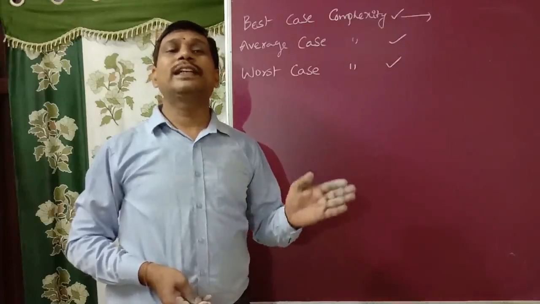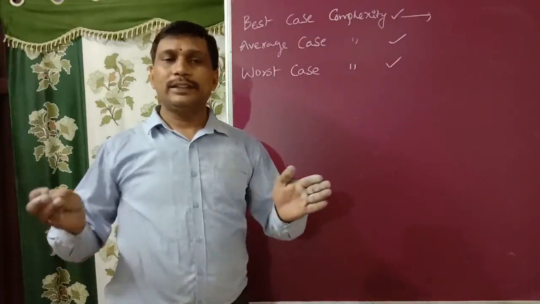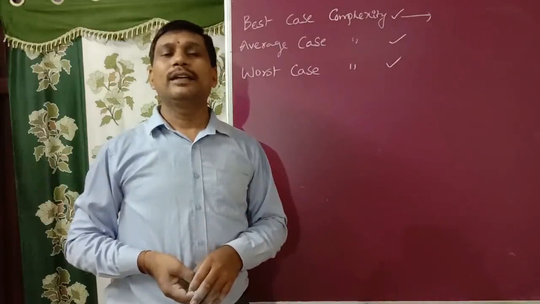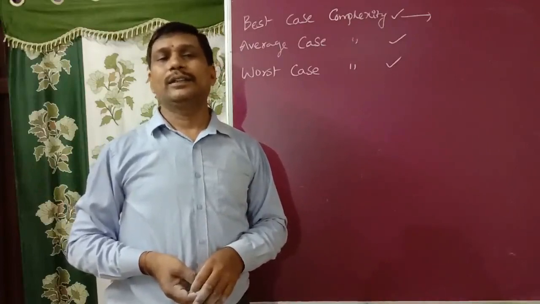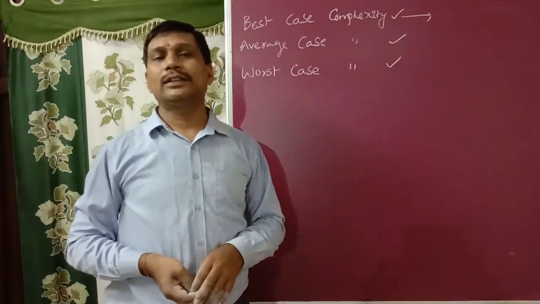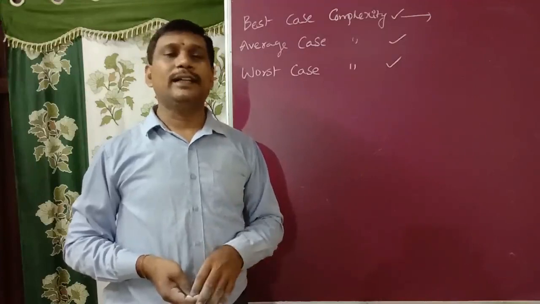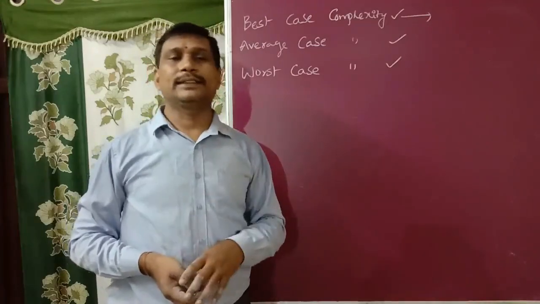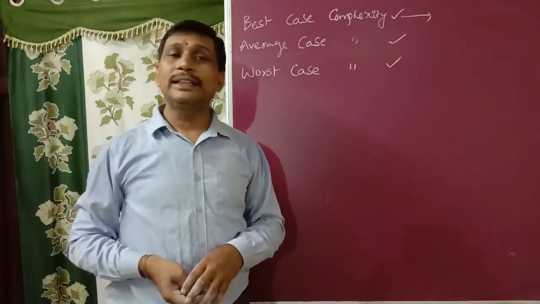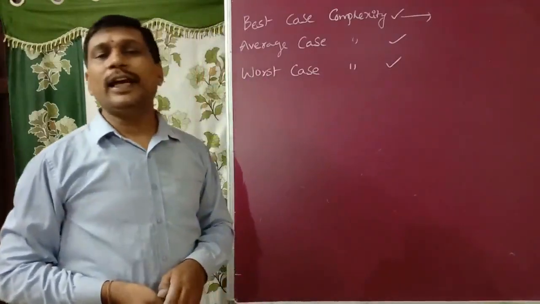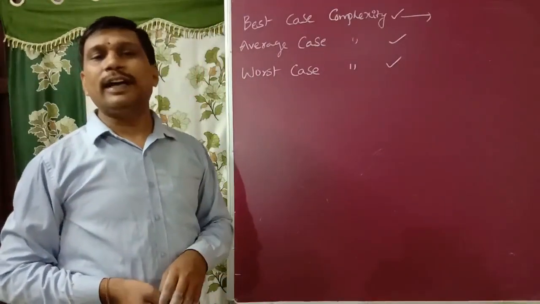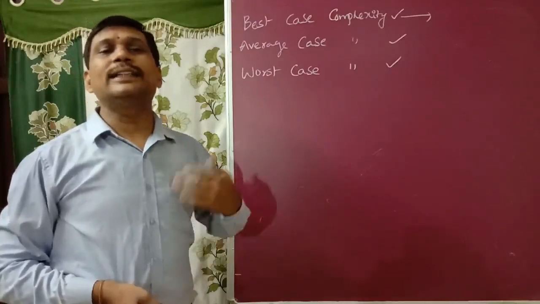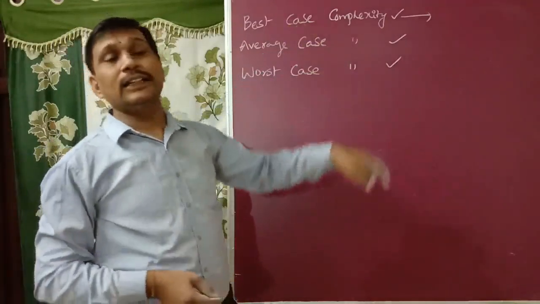When the key search element is compared with the elements in the given list or array, the first element matches our key. Then we decide the key is found at the first location. This is the best case, because only one comparison is required for this output. So easily we get the answer. That's why it is called the best case.